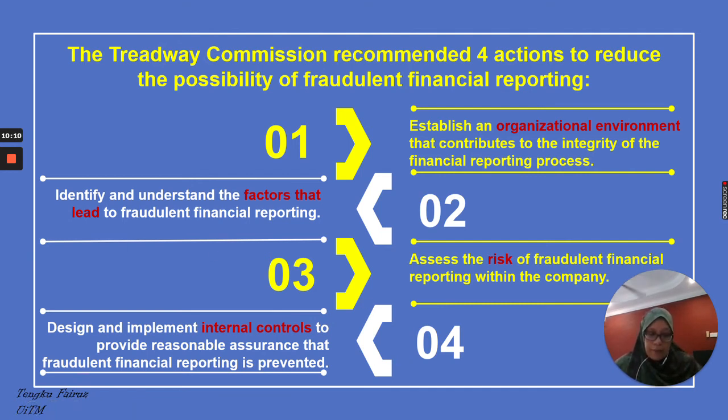Okay, and then from the SCFE, they found out that asset misappropriation is 17 times more likely than fraudulent financial reporting. Okay, so compared to the employee fraud just now that we discussed on the first type, employee fraud, okay, is more likely to occur.